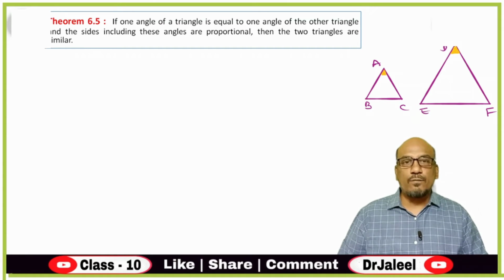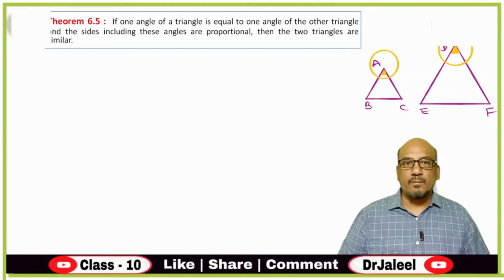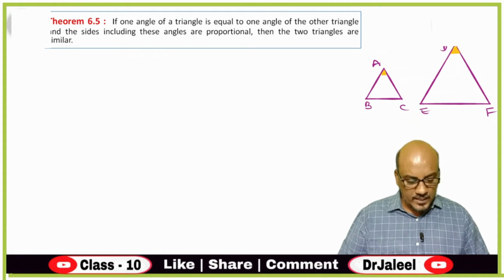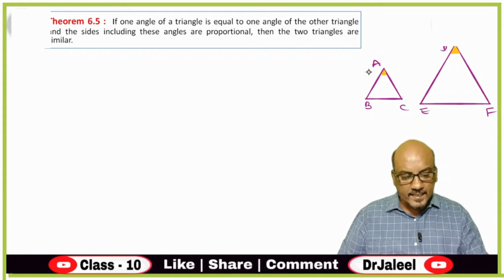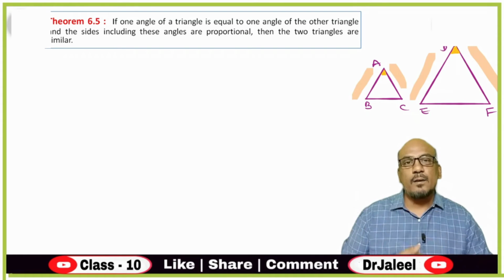One angle of one triangle is equal to one angle of the other triangle, and also their included sides are proportional. What are the included sides here? AB by DE is equal to AC by DF. He says that the included sides of the angles are proportional.